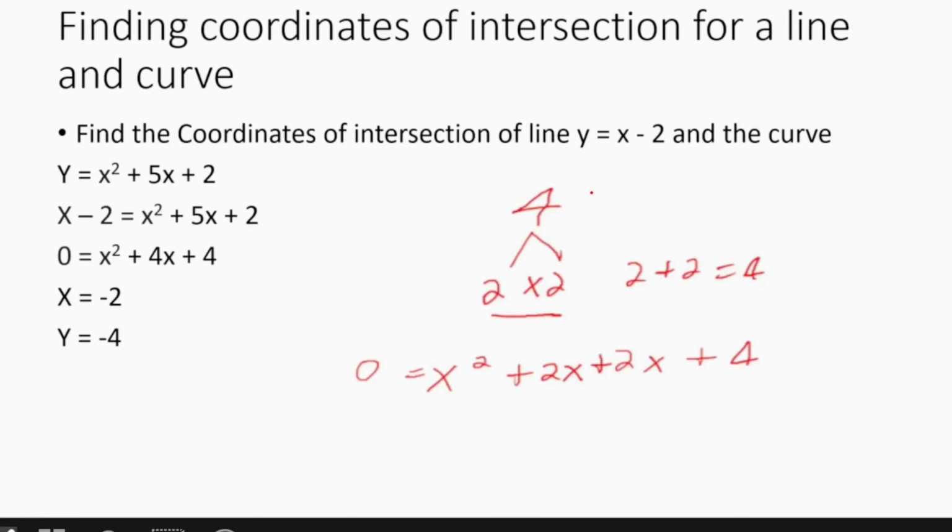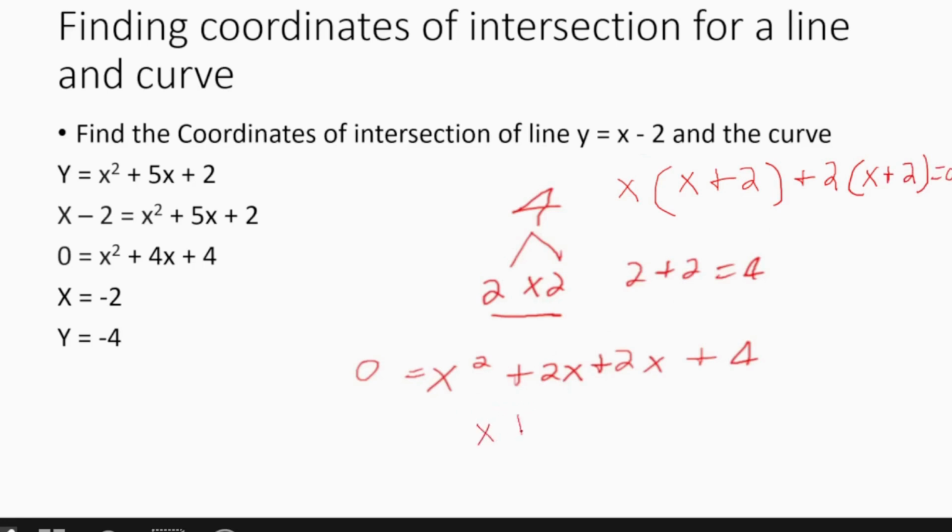So now let's factorize this. So x into x plus 2, plus 2 into x plus 2, equal to 0.